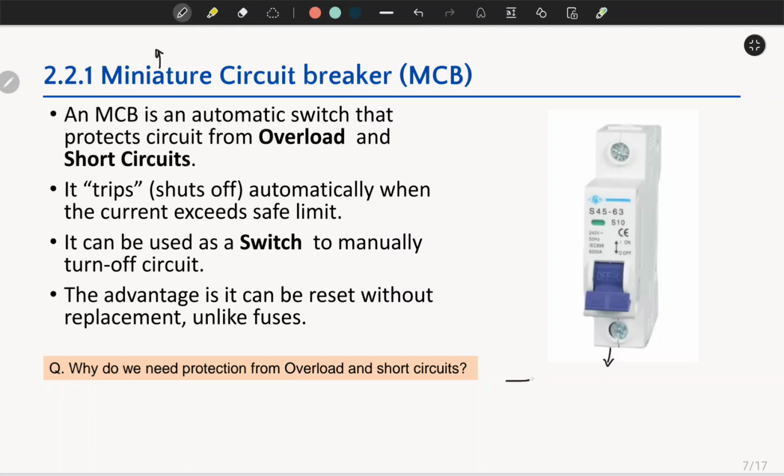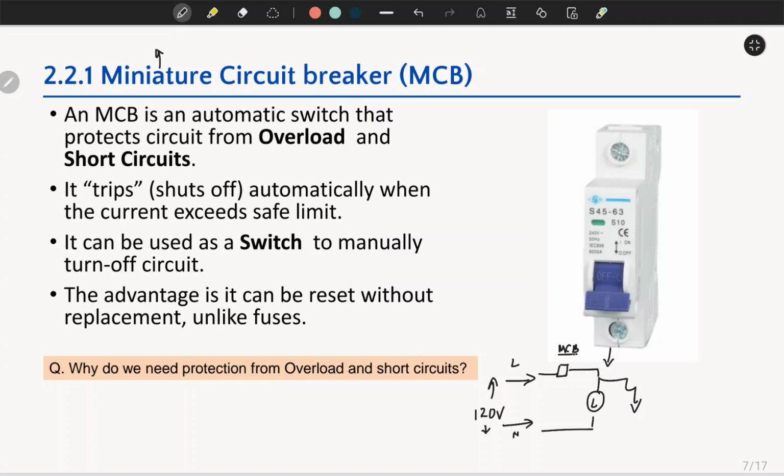Okay, if this is my mains, this is my load, and this is my MCB. I am assuming a 120 volt line and neutral. So if any fault happens here, to the ground, a large fault current will flow.